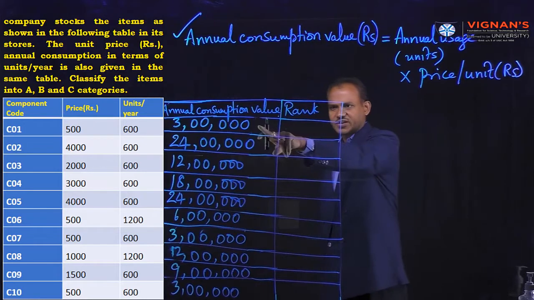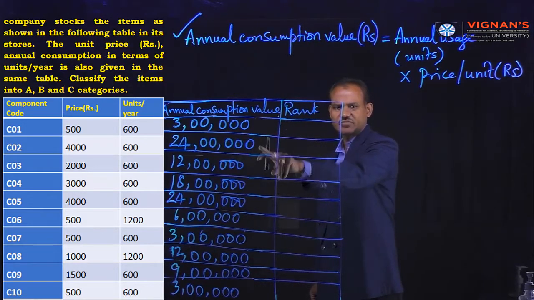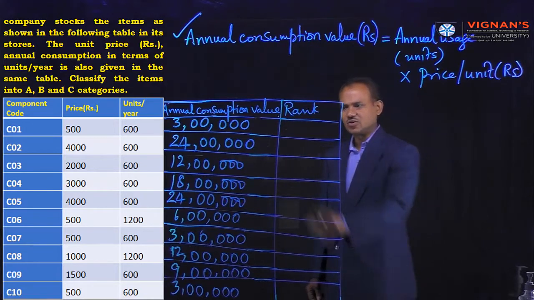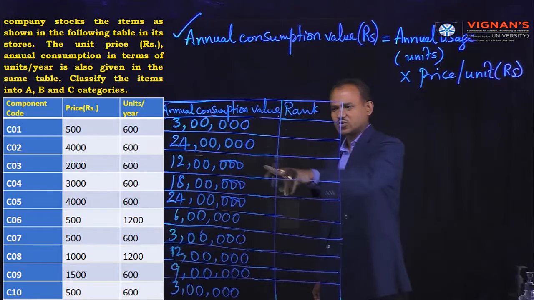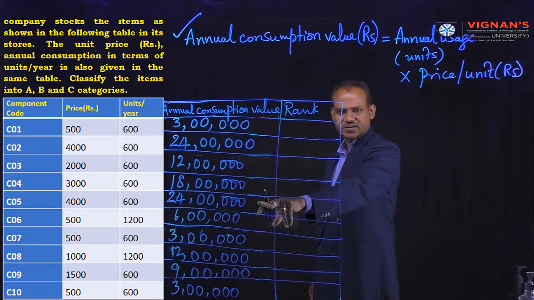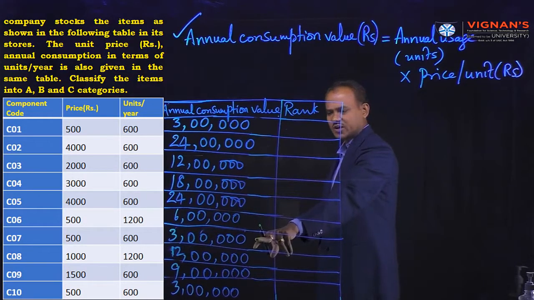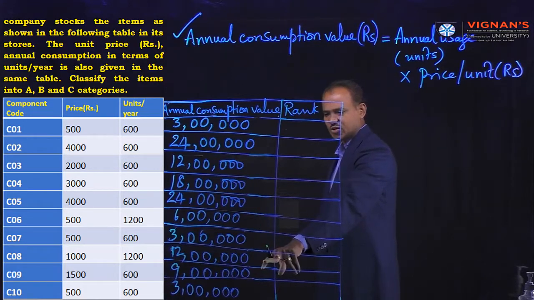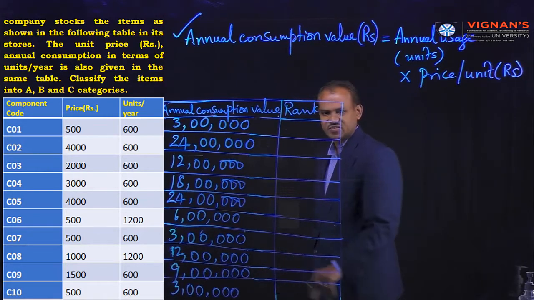First component 3 lakhs, second component 24 lakh, third component 12 lakh, fourth component 18, fifth component 24, sixth component 6 lakhs, seventh component 3 lakhs, eighth component 12 lakhs, ninth component 9 lakhs, 10th component 3 lakhs. You can verify.